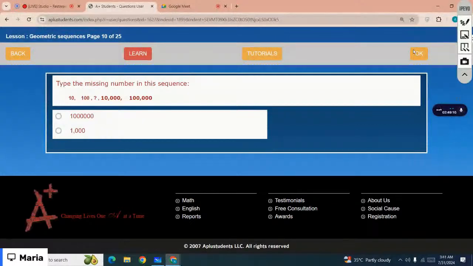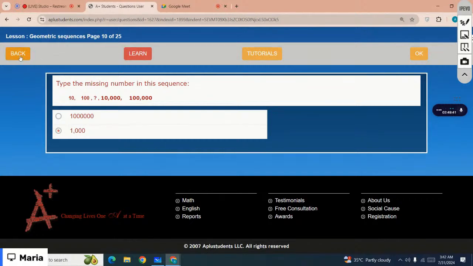Type the missing number in the sequence. So which number is missing? That is 1000. Option number 2 is the correct option.